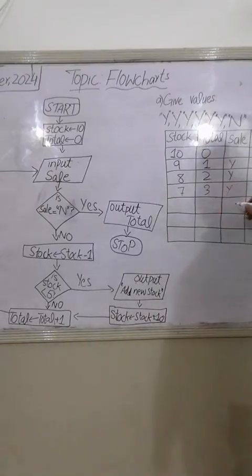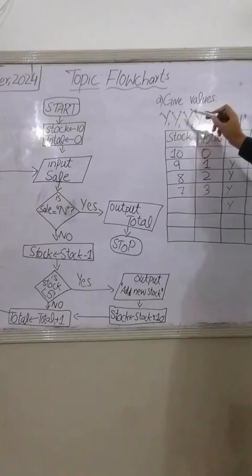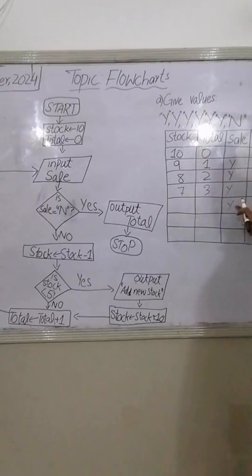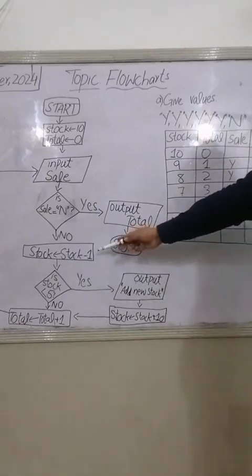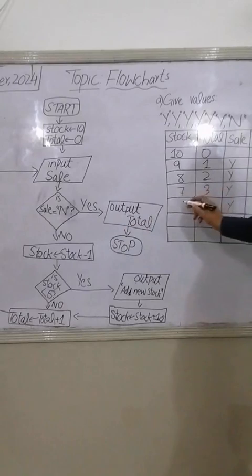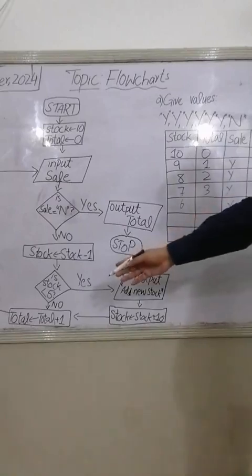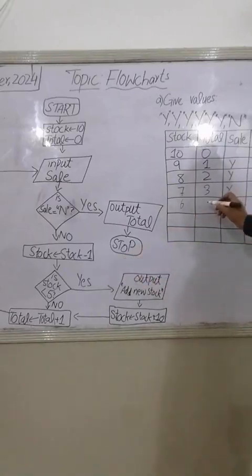Next time again we will input y. So how many y's do we have? 1, 2, 3, 4, 5, 6. So we have added the 4th y here. This time again when we subtract 1 from the stock, 7 minus 1 will become 6. And here at the end when we add 1 to the total, that will become 4, right?